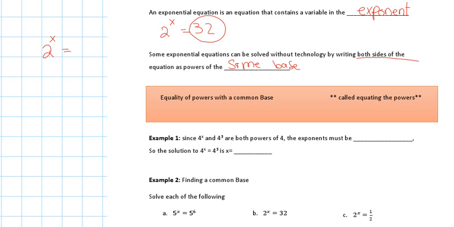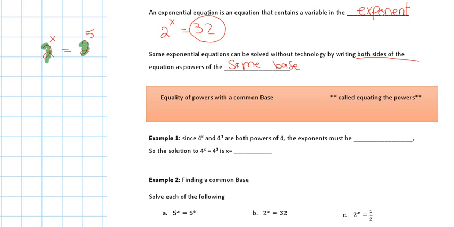So if I replace 32 with 2 to the power of 5, what you were doing, John, was actually writing it to the same base. Instead of writing 32, you're finding 2 to the power of what gives me that 32.